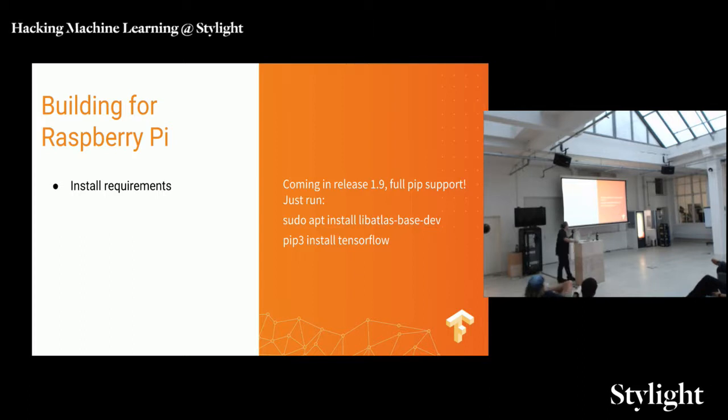But the goal is to allow people to install libAtlas using apt-get on the Raspberry Pi, and then just do pip install TensorFlow and get TensorFlow up and running super easily.